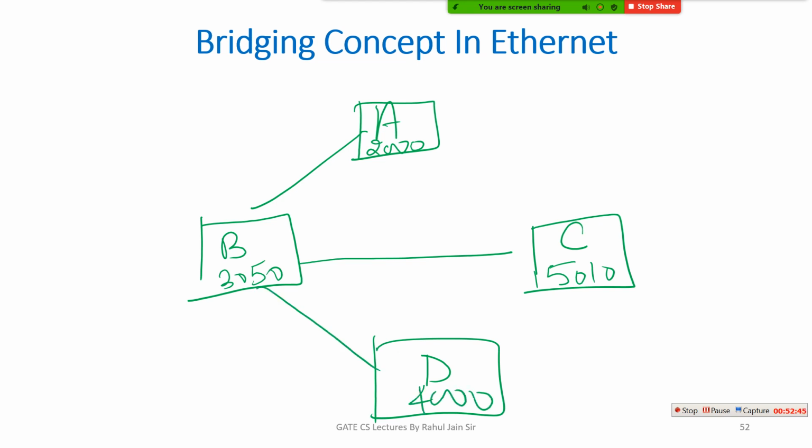They are connected like that, and we are facing a cyclic problem in it. And my bridge A is the root bridge.